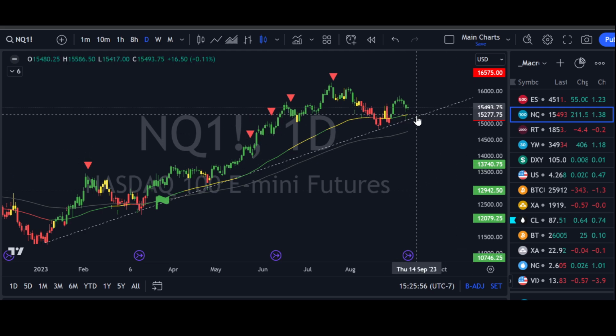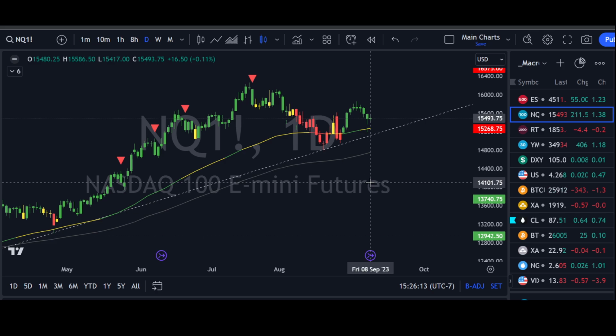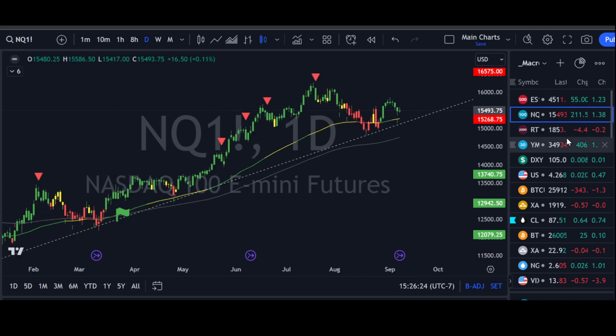I'm looking at approximately 15,300 as a spot to see if price hits there. But in all reality, you can see the green candles on this indicator suggest that all the underlying technicals are still trending positive, and so I would imagine that this is actually a good spot to long.